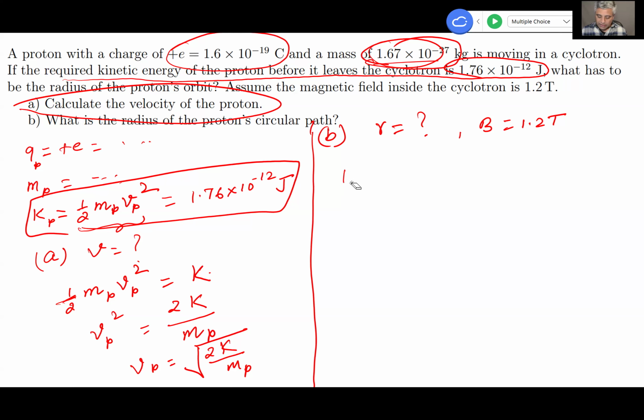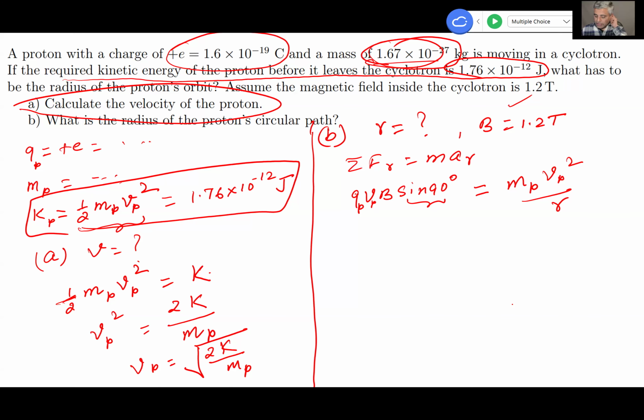So what I do is, whenever I see something moving in a circle, the sum of forces is mass times acceleration in that direction. So that means qvB sine 90 degrees is the mass of the proton, and this is the charge of the proton by the way, we are talking about the proton here, times the velocity of the proton squared over the radius.